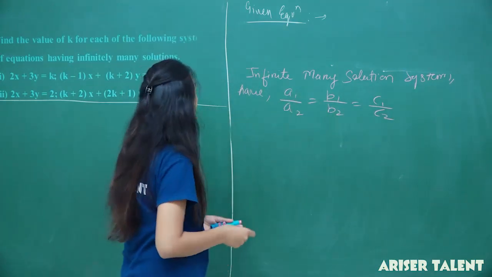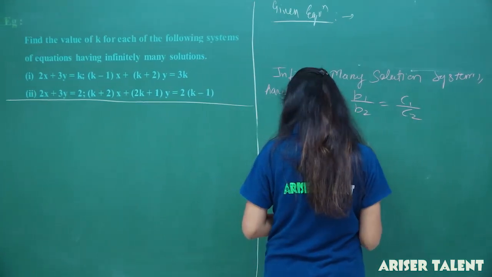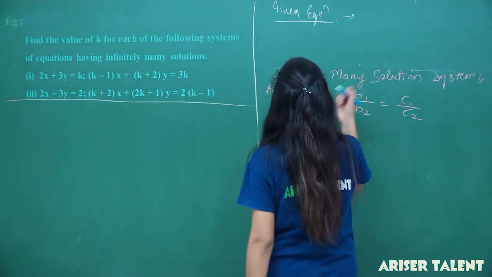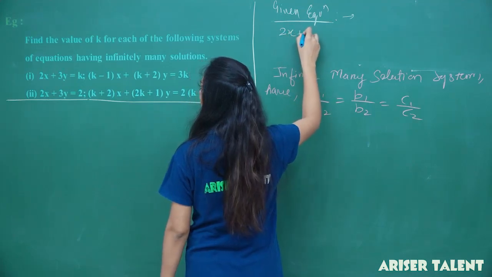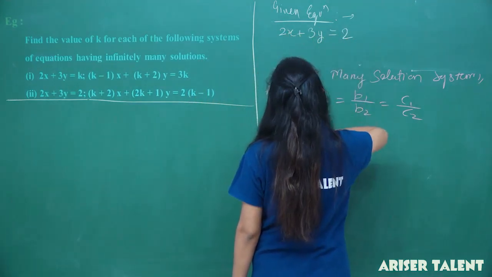Here I'll be having these equations that have been given to me. The first is 2x plus 3y equals 2.